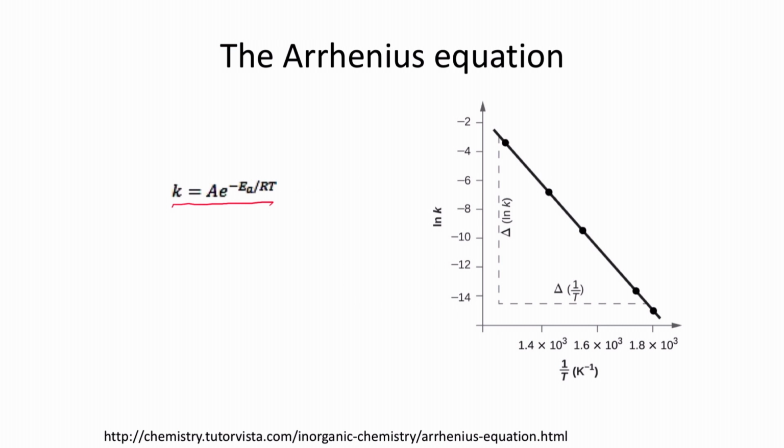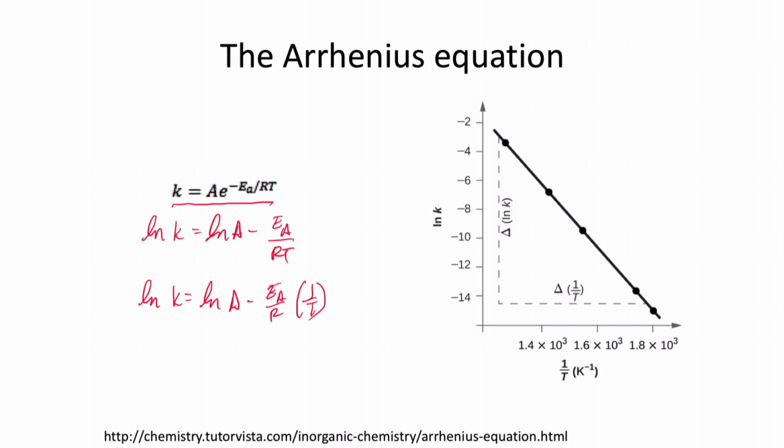If I take the natural log of this, the natural log of k is equal to the natural log of A minus activation energy over RT. Or if I rearrange this a little bit, the natural log of k equals the natural log of A minus activation energy over R times 1 over T. And you say, why would I want to do that?